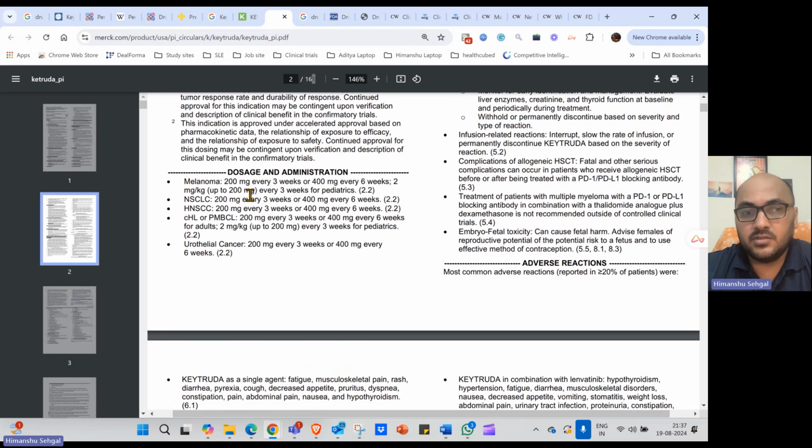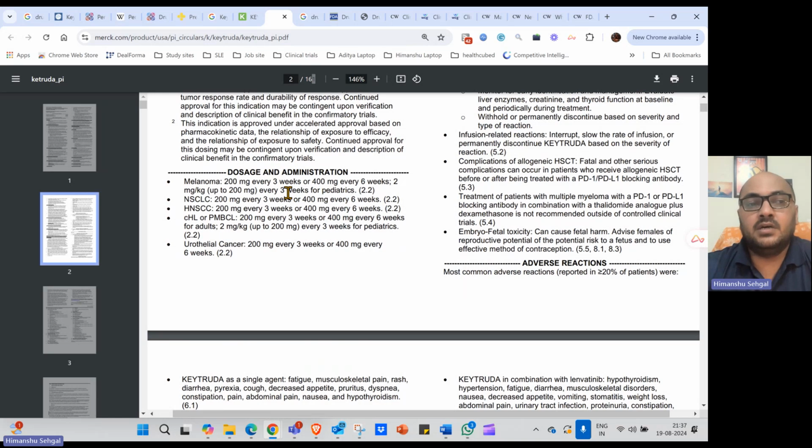So if there is a kid involved, for pediatric population, 2 mg per kg, they need to calculate, but the maximum dose is 200 mg basically, and that too is every third week. So for pediatric, there is only one frequency approved, which is every third week, and that too 200 mg maximum.